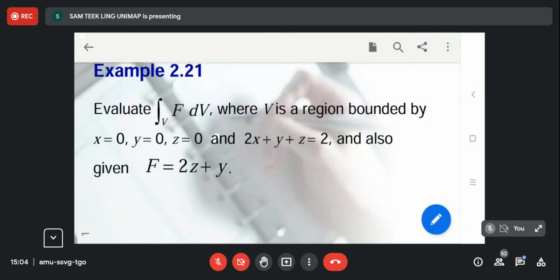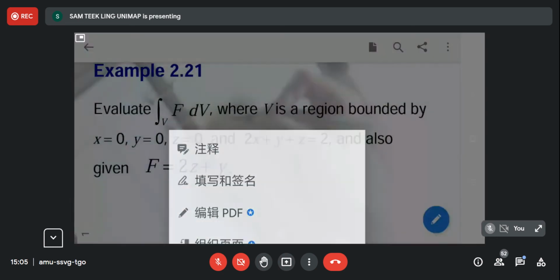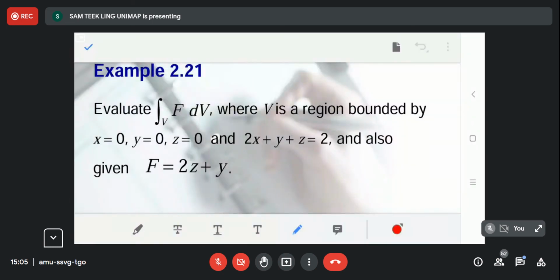So the last one is your volume integral for a tetrahedron. This slide I already put in your Google Classroom, the notes I already gave you. First, you get this question. The question will let you know whether it is volume or surface. V is volume.